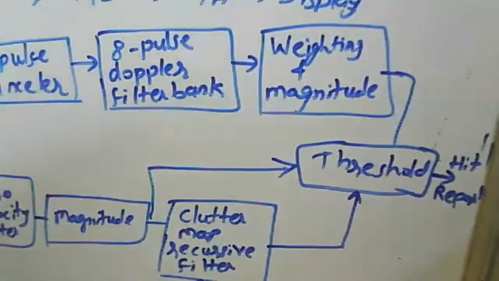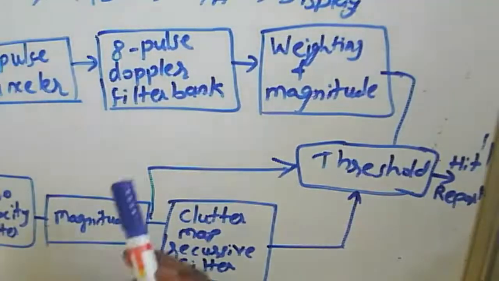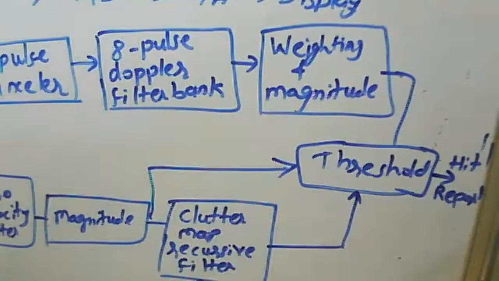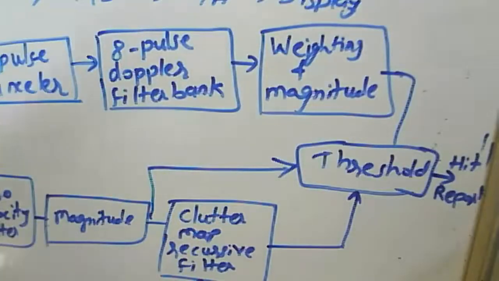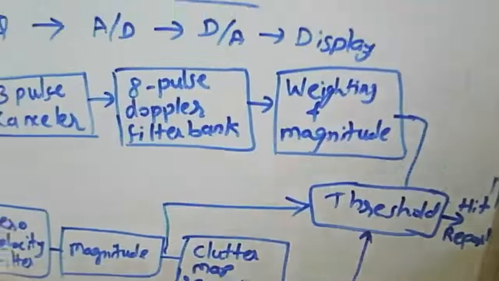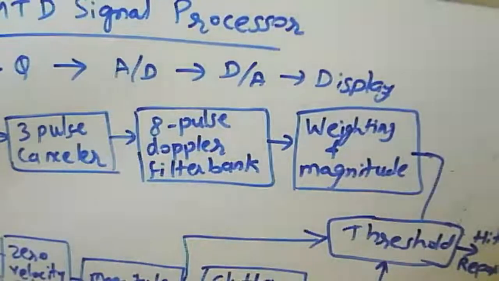This is about the Doppler filter bank, an 8 pulse Doppler filter bank, and that will generate given particular Doppler intervals to find out the moving target here. That's what we have seen for this moving target detector.